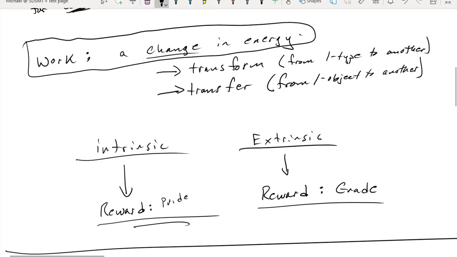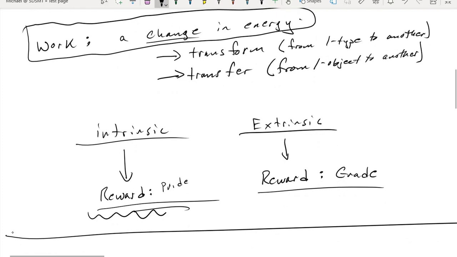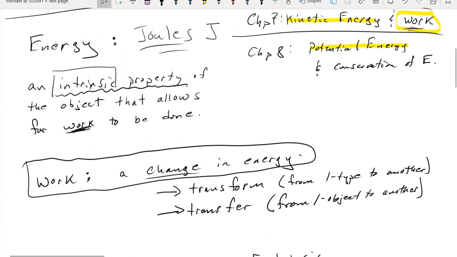You give yourself a little pat on the back. Well, these intrinsic properties, you know, pride could almost be related to a feeling. And how easy is it for you to define a feeling? Not so easy, is it? Well, likewise, with energy being an intrinsic property, it's not so easy to define.